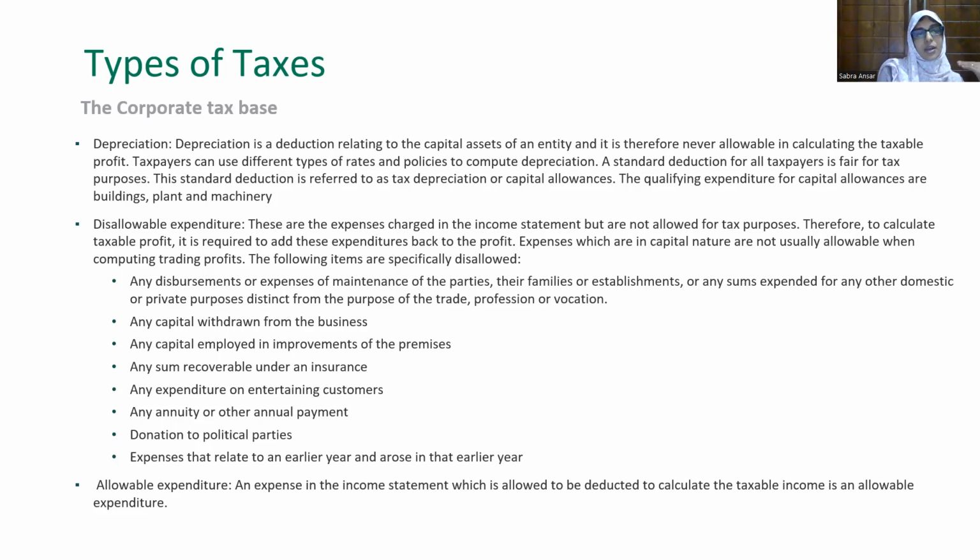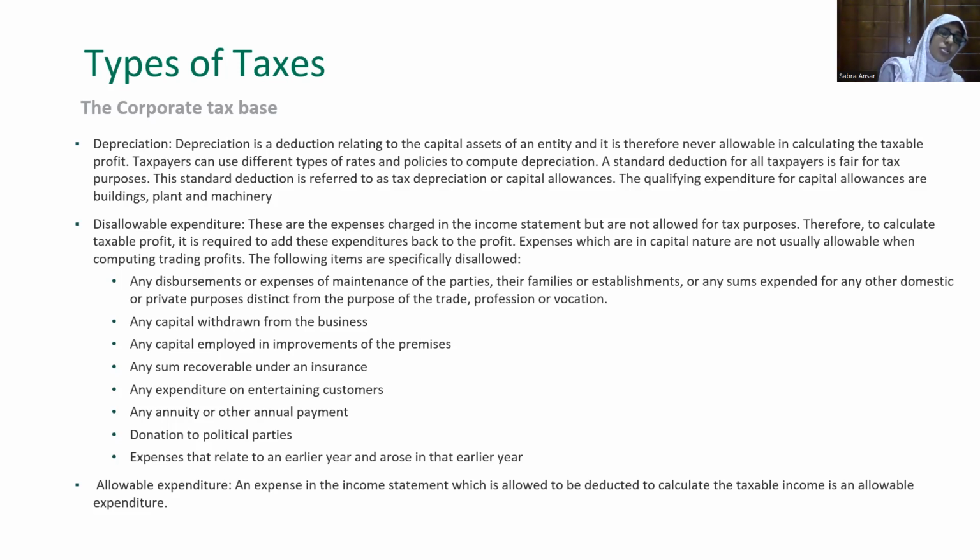Also, any expenditure on entertaining customers, or any annuity or other annual payment, will be considered as this. Also, any annuity or annual payment or donation to political parties, all these are disallowable expenditures.